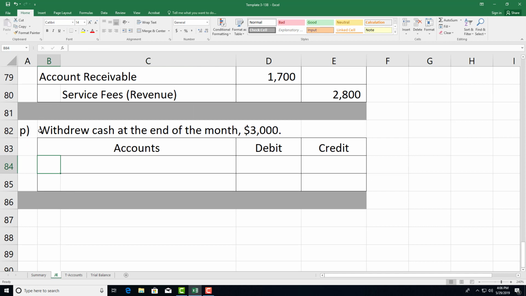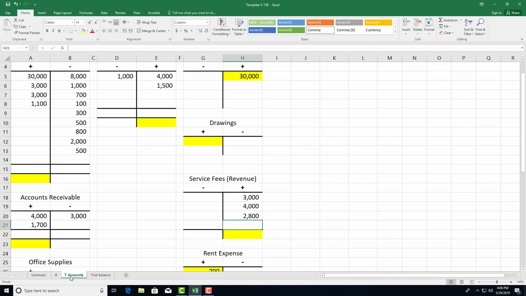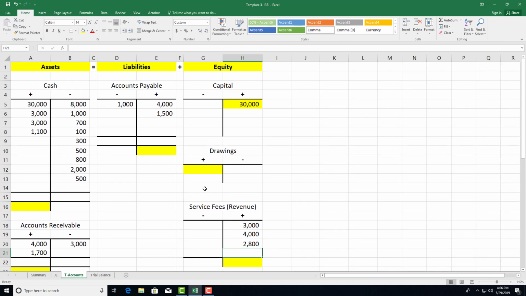And the last transaction, withdrew cash at the end of the month, $3,000. When I look at the T accounts, I can see the drawing account. I am increasing my drawings, which ultimately will become a decrease to capital. I want you to almost visualize this account being merged into this account.